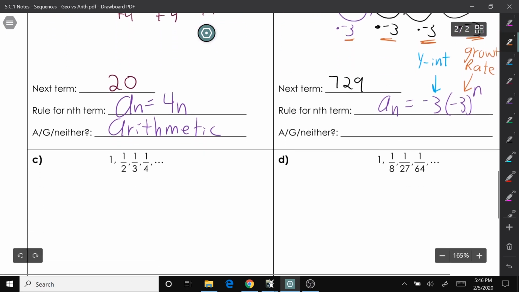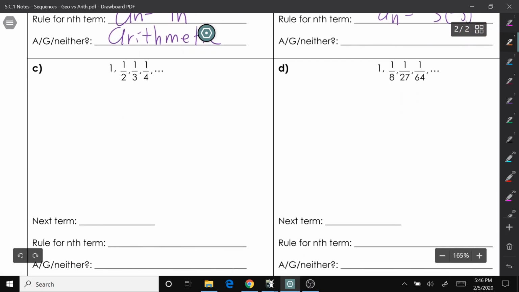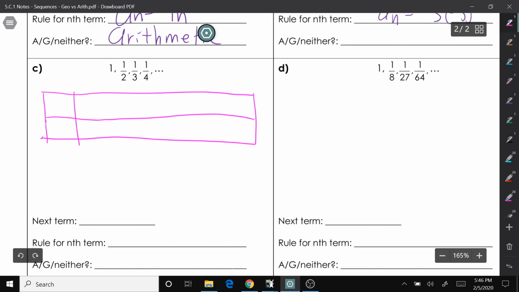Alright, letter C. Again, let's look at this table. We have n and we have a(n). So 1, 2, 3, 4.